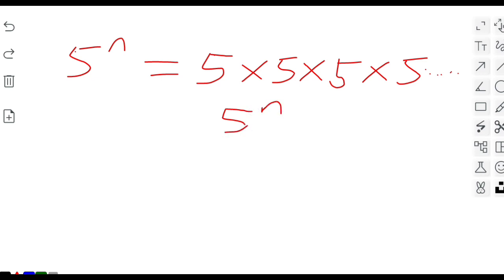So n is your index, and 5 raised to the power of n is regarded as an index notation. In the expression 5 raised to the power of n, your 5 is regarded as your base and your n is regarded as your index, which could be any number.